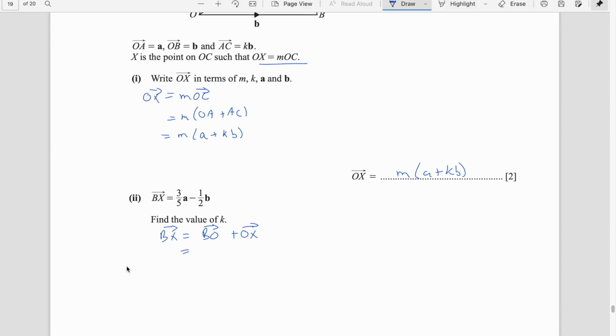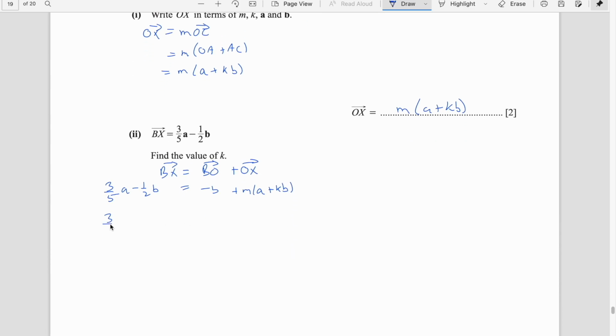BX is already given, which is 3/5 of A minus 1/2 B, and BO is minus B, where OX is right there, and I can write it M into A plus KB. Now let's keep on simplifying.